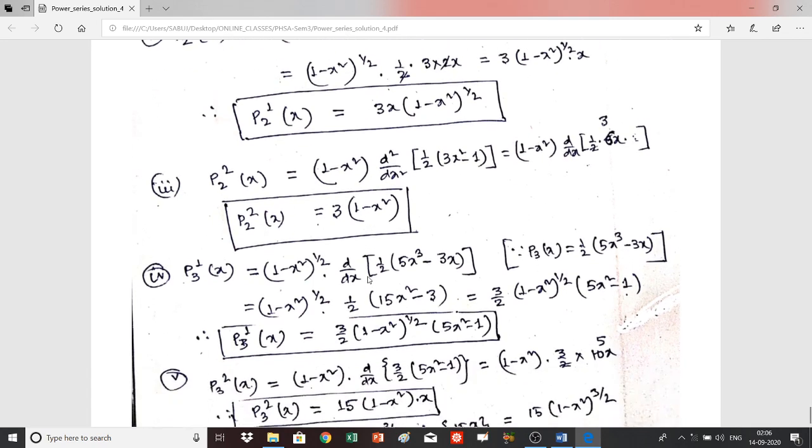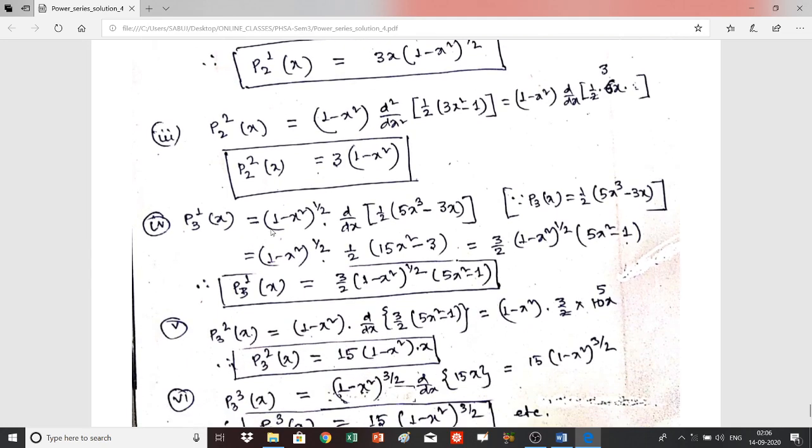And then P3^1. So P3^1 is 1 minus x square to the power half d by dx of P3(x). You know that the third order Legendre polynomial is equal to half into 5x cubed minus 3x, and after simplification, all the steps are given here. Just follow it, and finally we will have P3^1(x) is equal to 3 by 2 into 1 minus x square to the power half into 5x square minus 1.